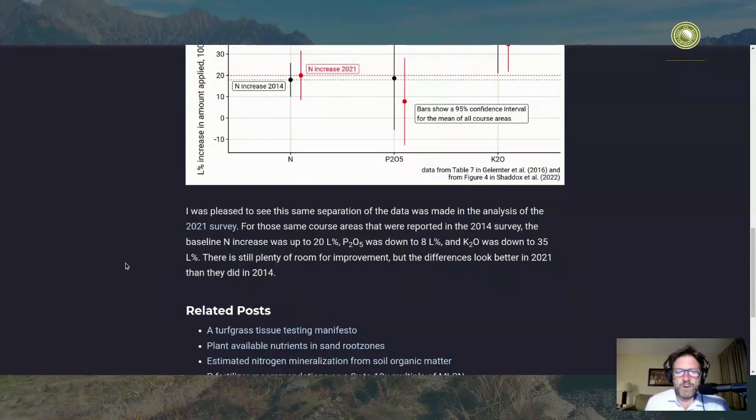So I concluded this post by saying there is still plenty of room for improvement, but the differences look better in 2021 than they did in 2014. So that is a bit of good news.